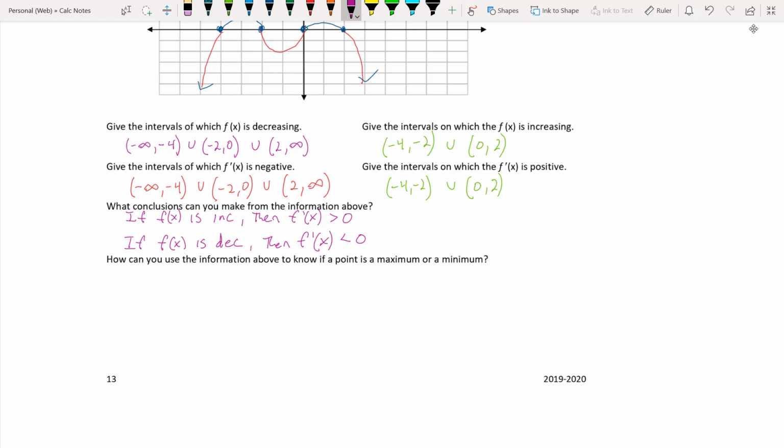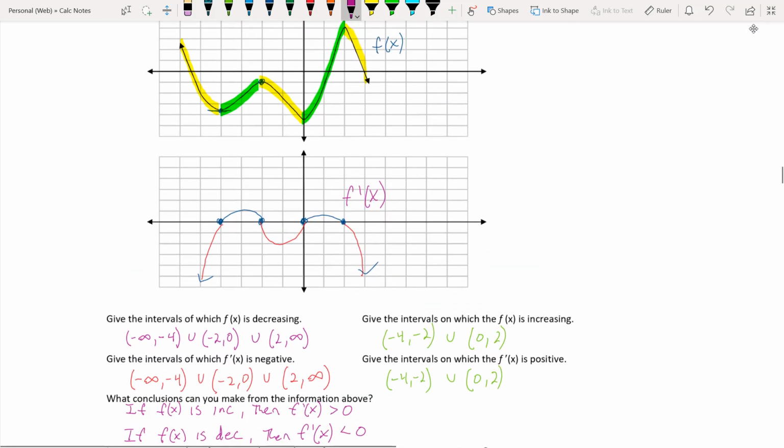Okay? And finally it says, how can you use the information above to know if a point is a max or a min? So again, on our graph up here, we've got f decreasing, and this is f increasing.